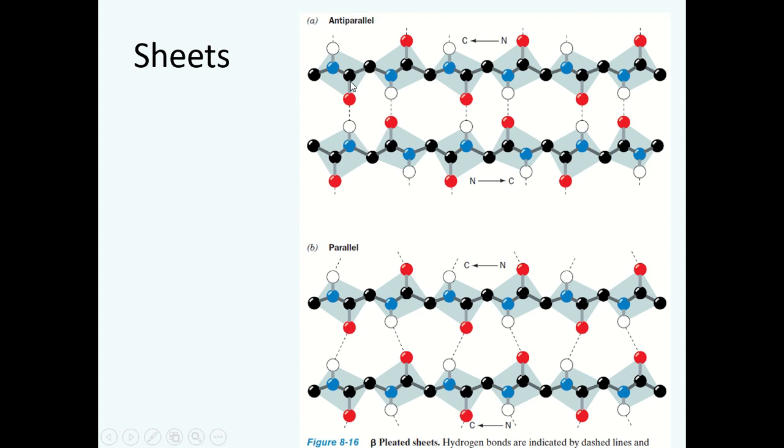These two regions lie close to each other, and they are going to form hydrogen bonds with one another. This is the amino group of this portion, this is a hydrogen atom. It forms a hydrogen bond with a carboxyl of the other segment of the protein.